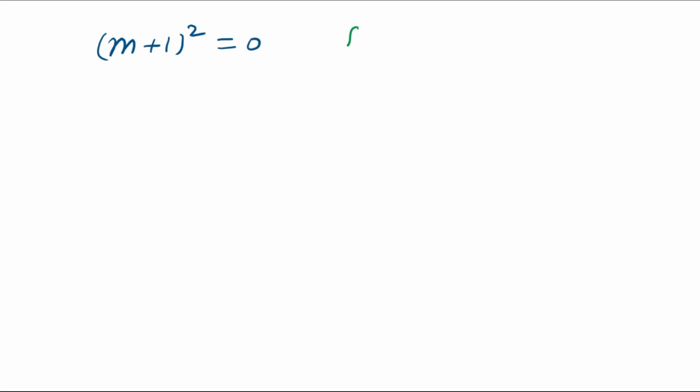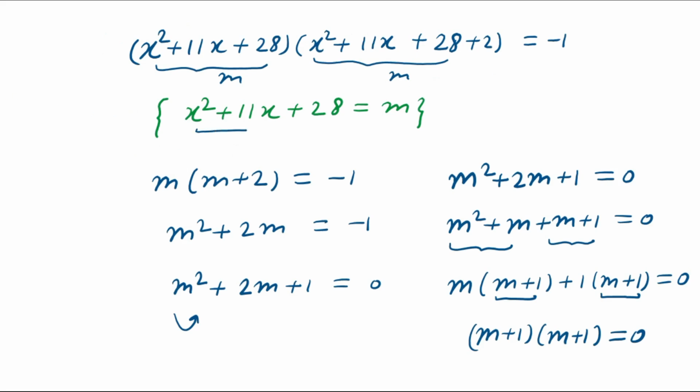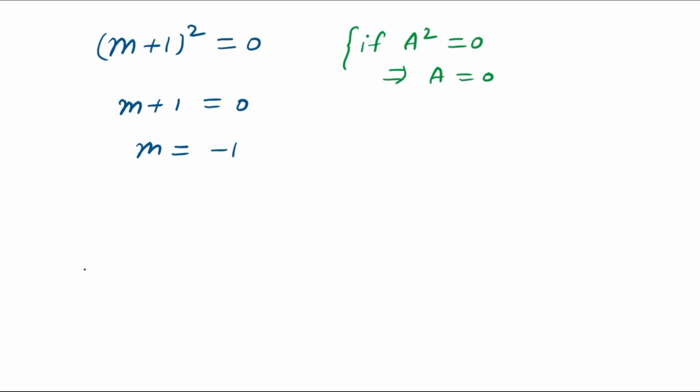Here we will apply this rule. If a square is equal to 0, this implies a is equal to 0. So m plus 1 is equal to 0. The value of m is equal to -1. And we know that m is x square plus 11x plus 28. m is replaced by x square plus 11x plus 28, and this is equal to -1.